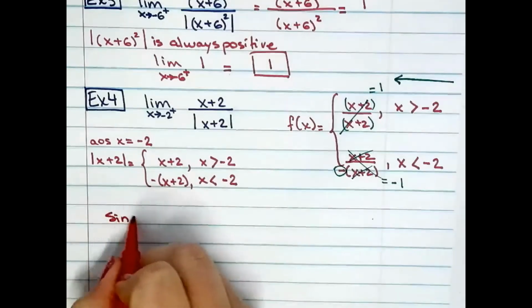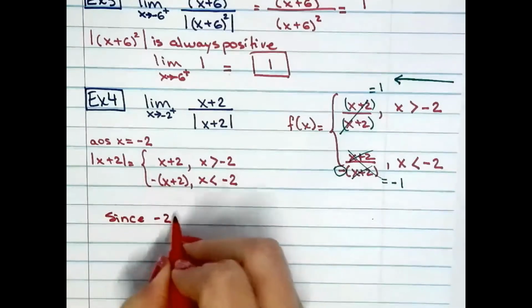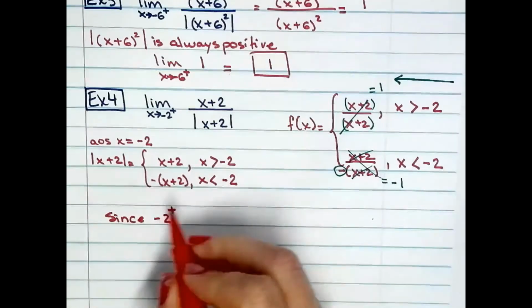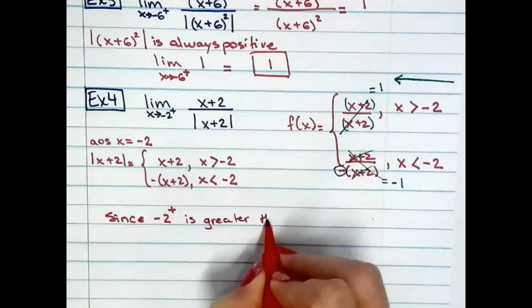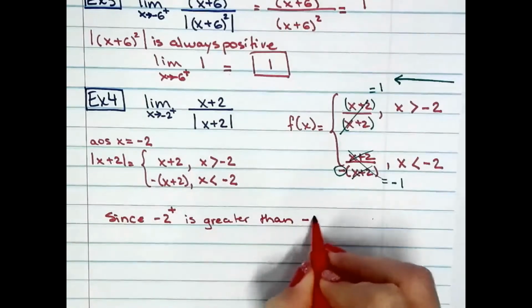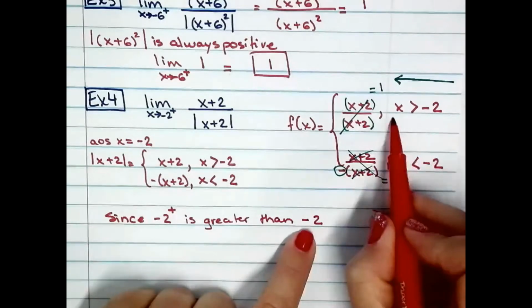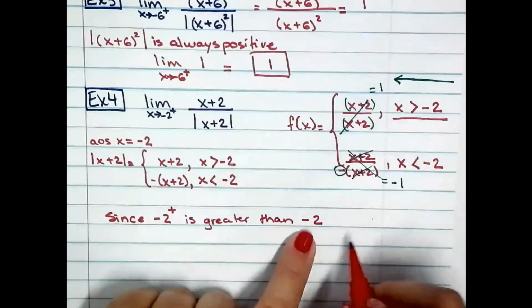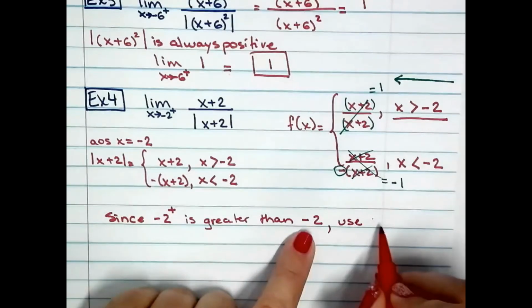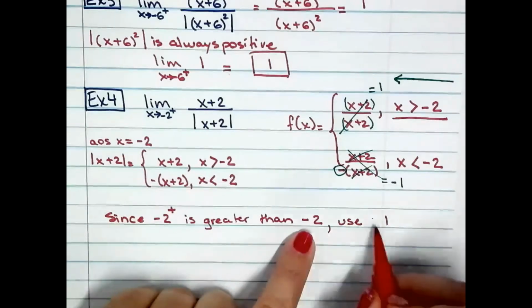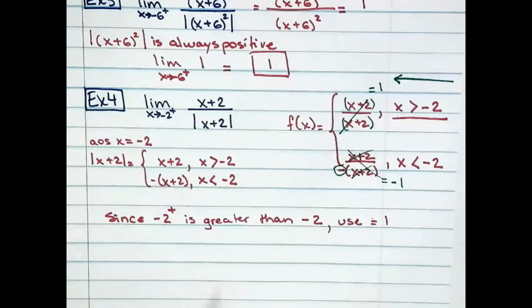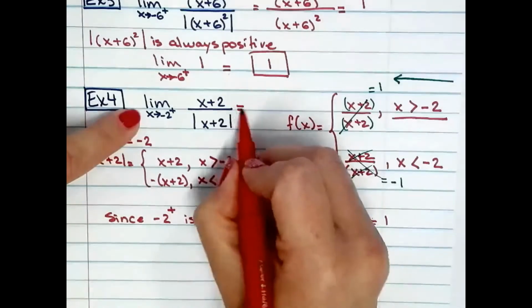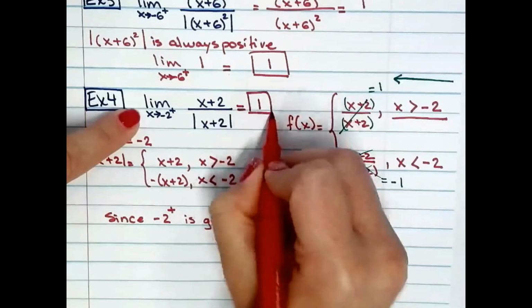Since negative 2 approaching from the right is greater than negative 2, so we're using this condition right here. So use positive 1. I like when it's simplified down to that. Okay, so therefore this limit equals just positive 1.